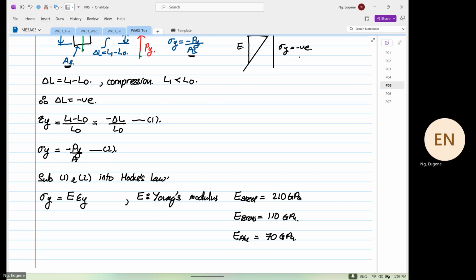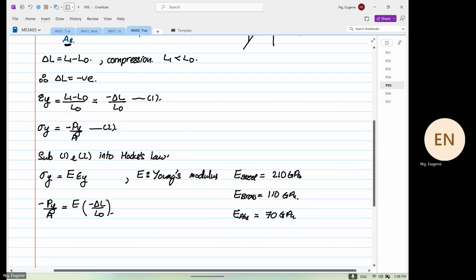So from here, we have what? Stress Y is equal to minus PY divided by A. And this is equal to Young's modulus, and epsilon Y is equal to what? Minus delta L over L naught. Okay.